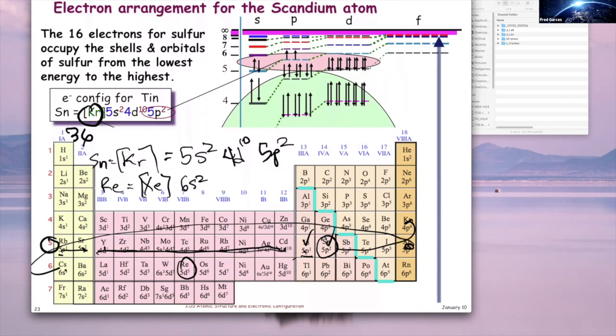The lanthanide series takes you to the bottom, and that's a 4f14. Then you pick up your d orbitals here. That'll be a 5d 1, 2, 3, 4, 5. So that would be the rhenium electron configuration.